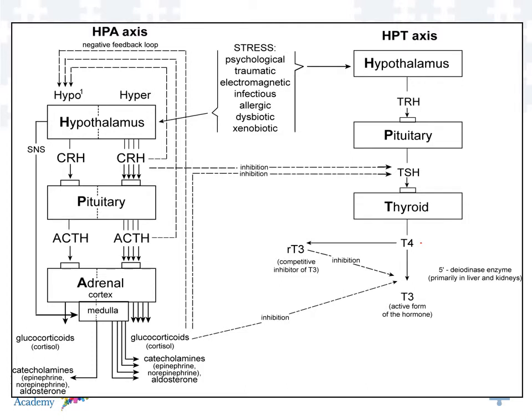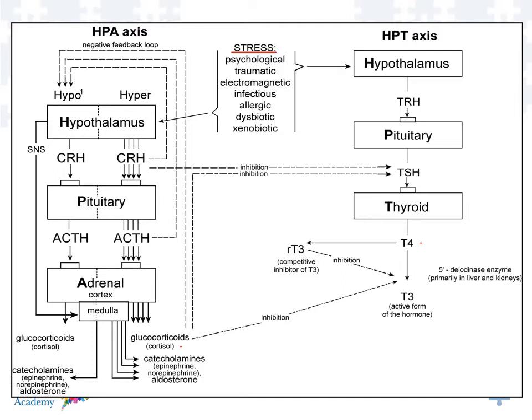This stress input is meant to indicate that various chronic stressors, psychological, traumatic, electromagnetic, allergic, etc., have chemical signals through the hypothalamus that communicate with the pituitary through the production of corticotropin-releasing hormone, which tells the pituitary to output ACTH, the adrenal corticotropic stimulating hormone, essentially, that conveys a message to the adrenal cortex to produce cortisol.